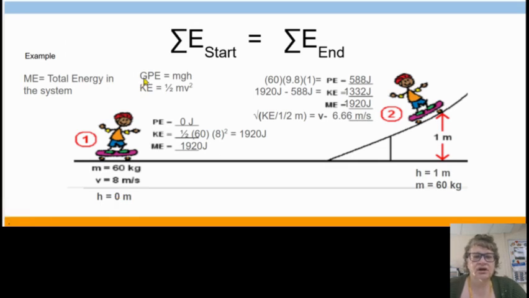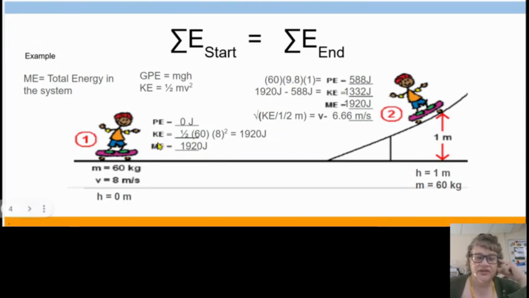So if the height is 0, our potential energy is 0. Kinetic energy is 1/2 mass times velocity squared, so 1/2 times 60 times 8 squared, which is 1,920 joules. If I add my potential and kinetic energies together, I get my total energy, my mechanical energy: 0 plus 1,920 is 1,920 joules.